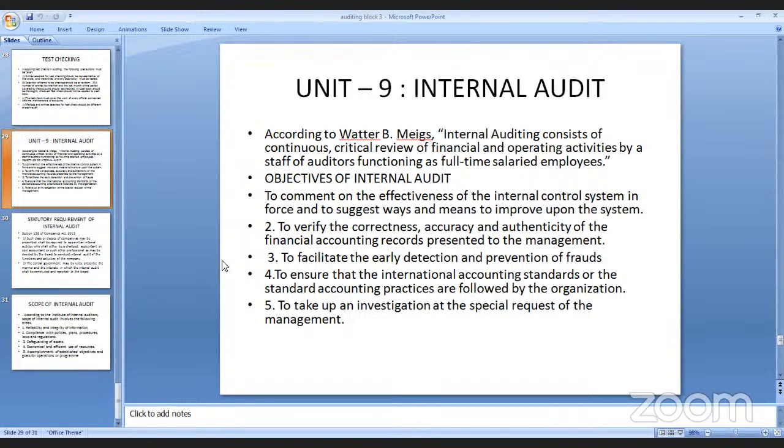Next, to ensure the accounting standards, the organization must conduct internal auditing. Next, investigation is done at the special request of the management. Sometimes management will suspect some doubts in an organizational process. Under that situation also, the internal audit is conducted.